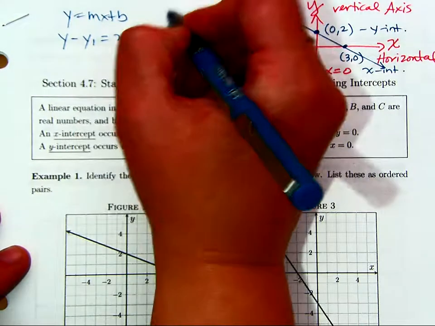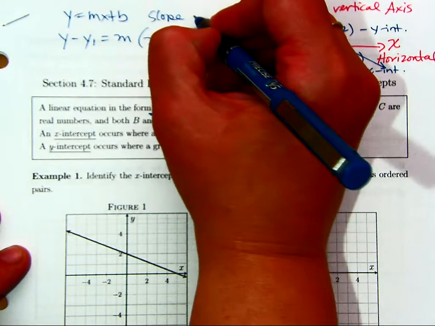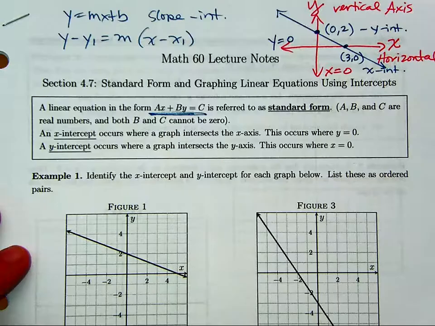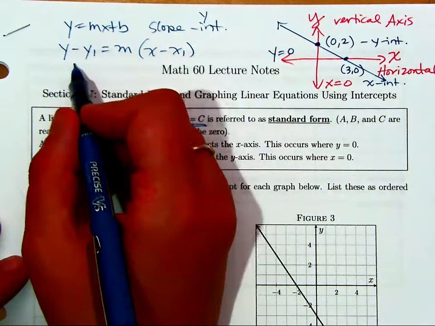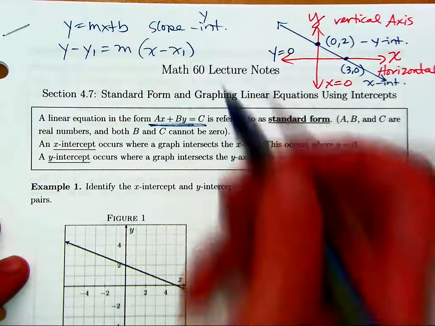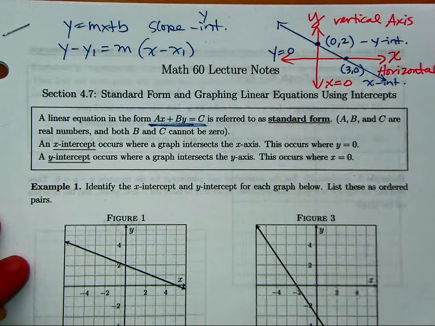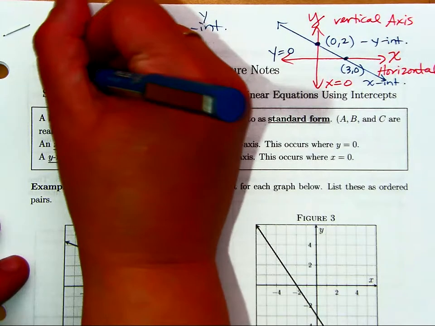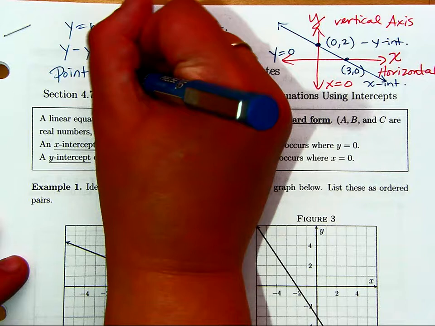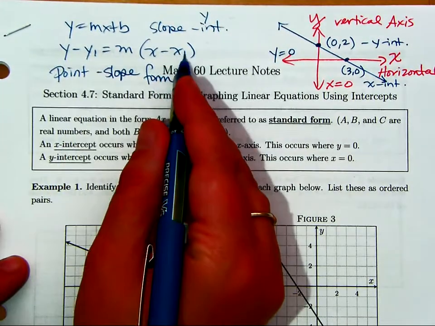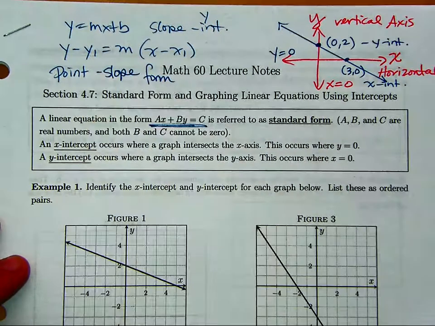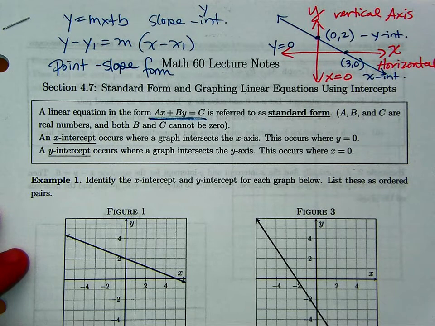This one is slope-intercept form, and actually that's an implied y-intercept, right? Slope, y-intercept. What is this one called? Do you know? We just learned it. Yes, it's point-slope form, because you have a point, x1, y1, and the slope. That's why it's called point-slope form, because it's got a point and it's got a slope.